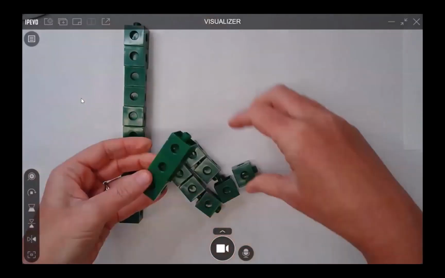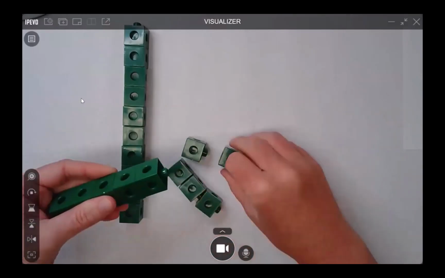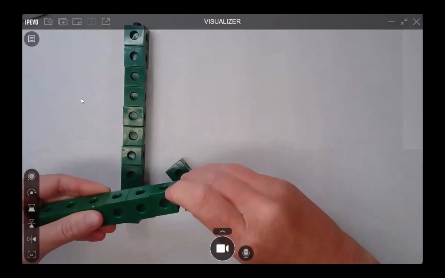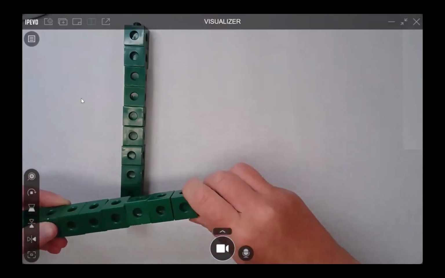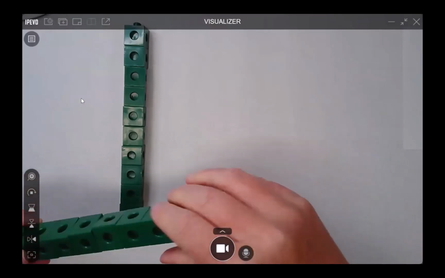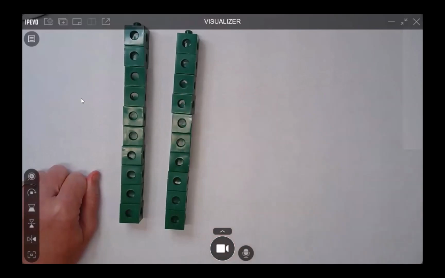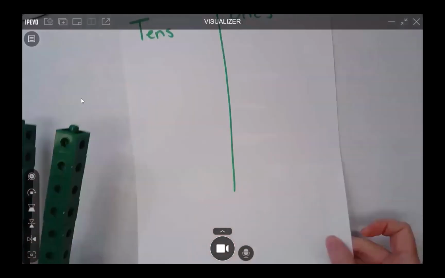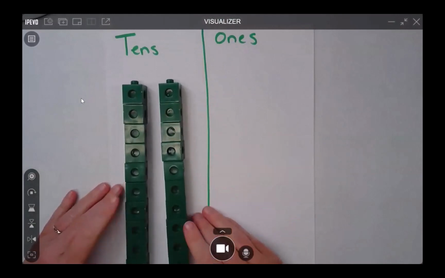1, 2, 3, 4, 5, 6, 7, 8, 9, 10. Okay. I see that I have 2 bundles of 10. I'm going to put this on my place value chart and help me think about it just a little bit.